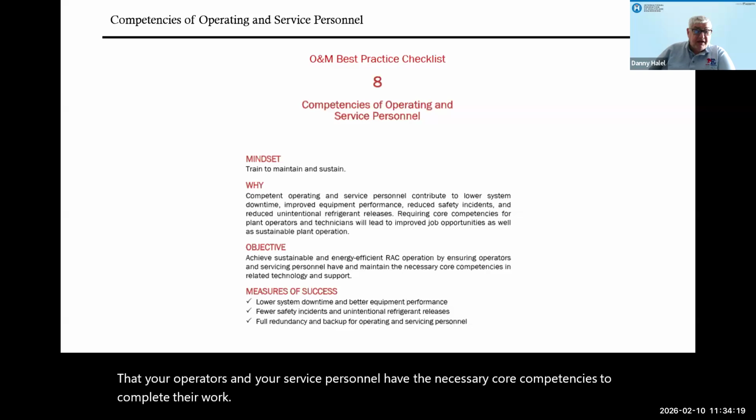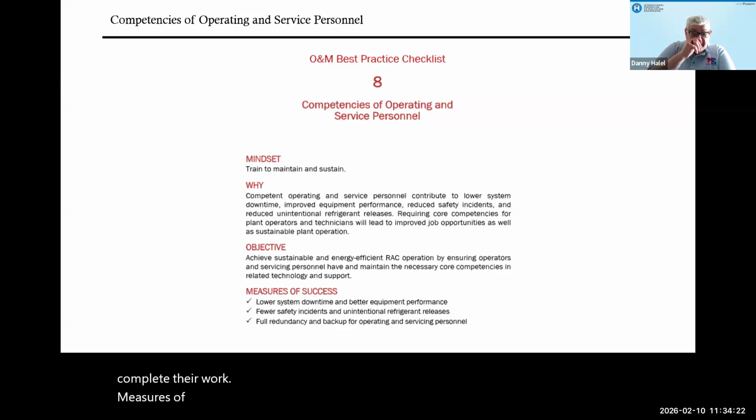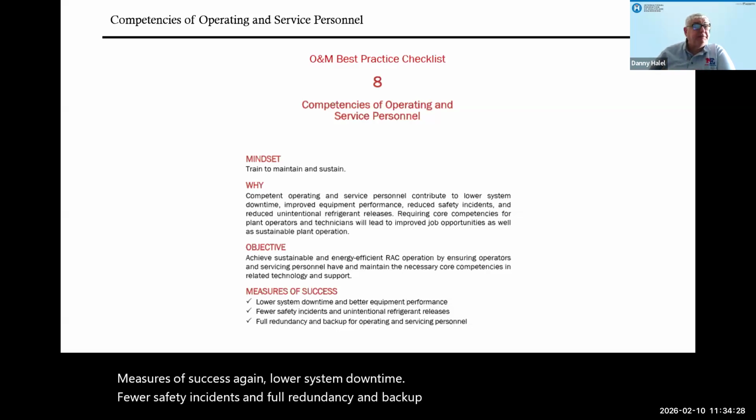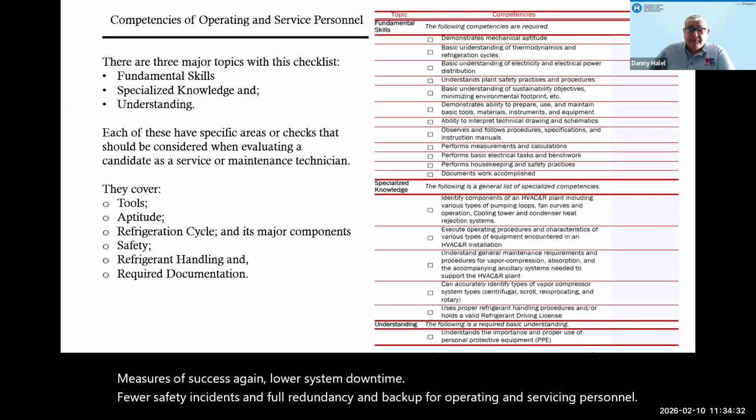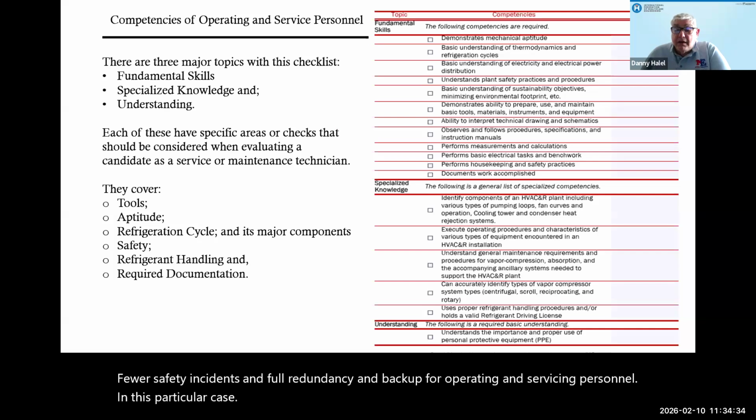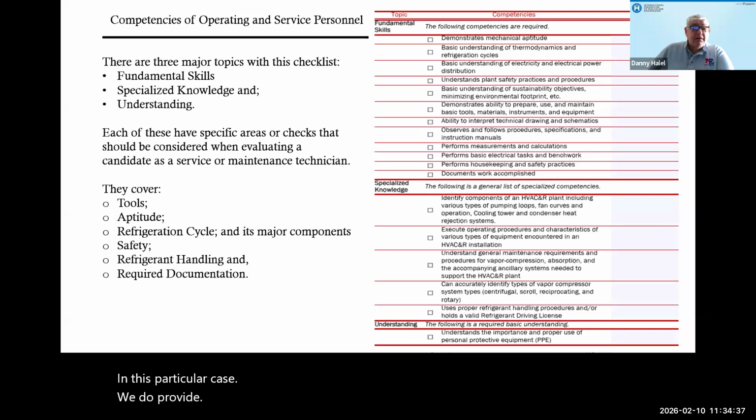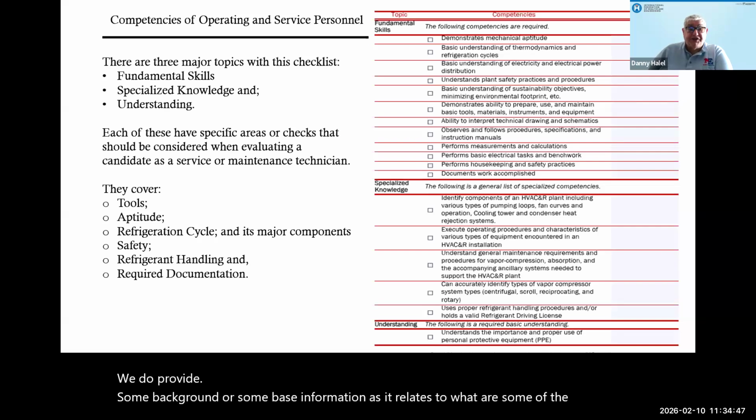Measures of success, again, lower system downtime, fewer safety incidents, and full redundancy and backup for operating and servicing personnel. In this particular case, we do provide some background or some base information as it relates to what are some of the fundamental skills that a technician needs.